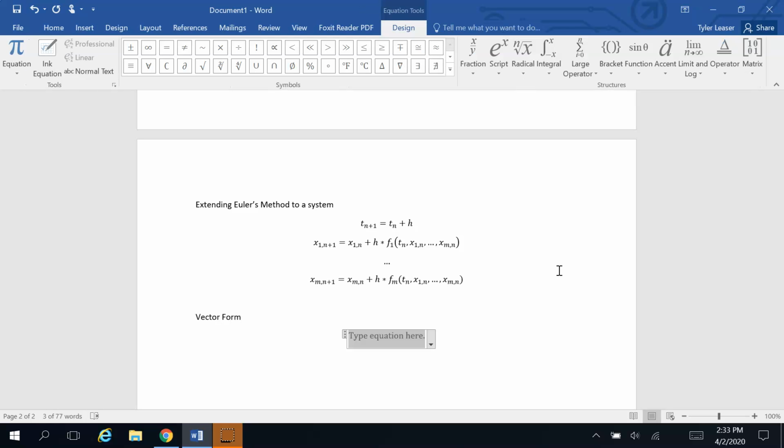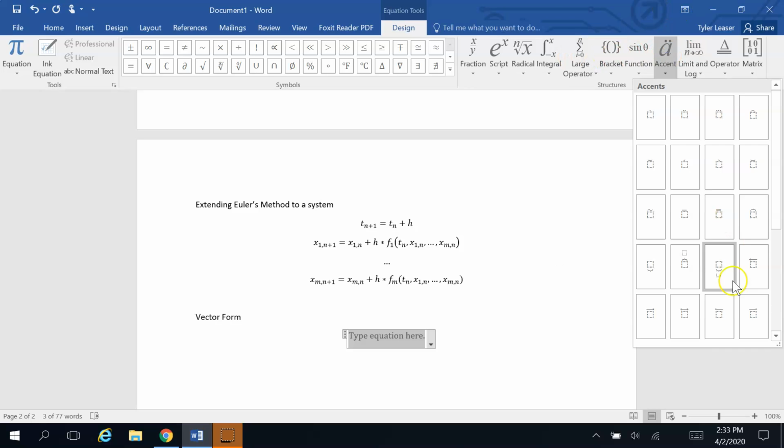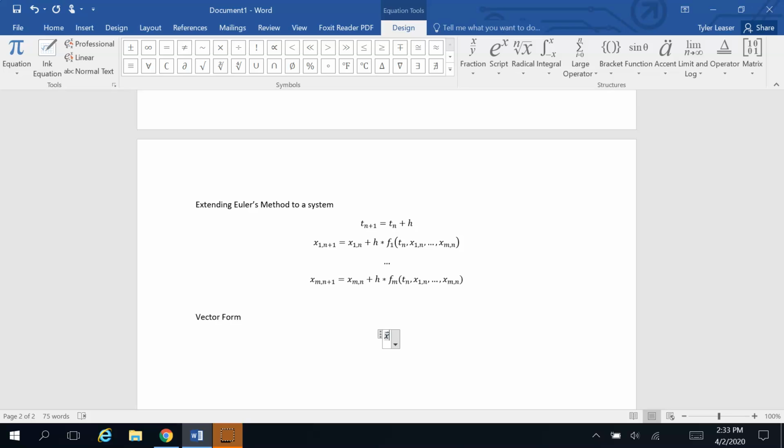So in vector form, it's pretty much the same thing. We're going to have the vector x, and the n plus 1 step of my vector x is equal to the previous value of x, so x sub n, plus the step size times the function as a vector, inputting into that the previous step of the independent variable, and then the function values as its vector.